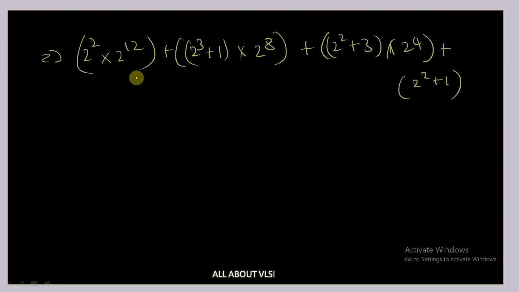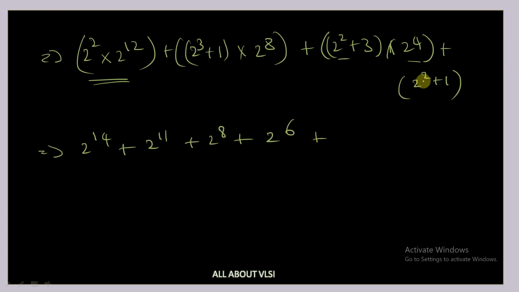Okay, so I'm rearranging this equation in the powers of 2. Now if I simplify this, it will become 2 power 14 plus 2 power 11, 2 power 8, 2 power 6, 2 power 4, 2 power 2, and we will get 1.